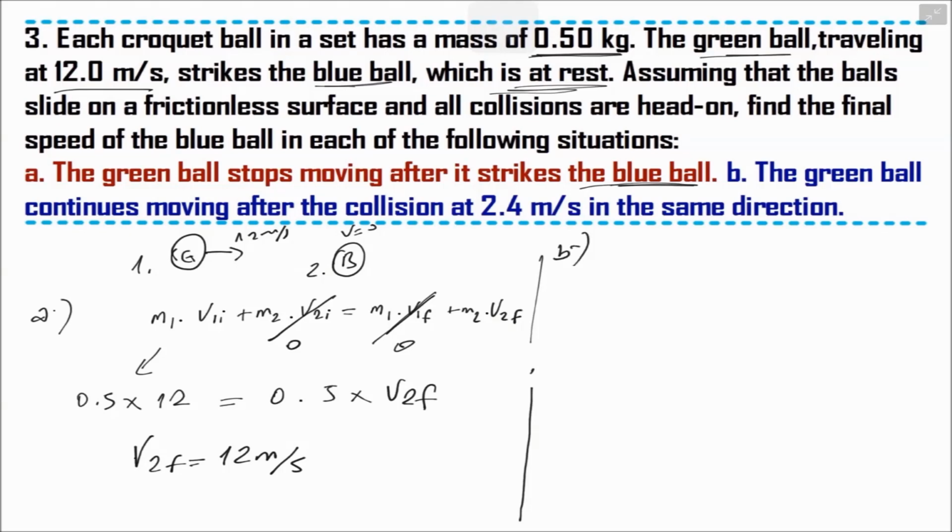At B, it says the green ball continues moving after the collision at 2.4 meters per second in the same direction. So again, we write the same formula: m1 times v1 initial plus m2 times v2 initial equals m1 times v1 final plus m2 times v2 final.